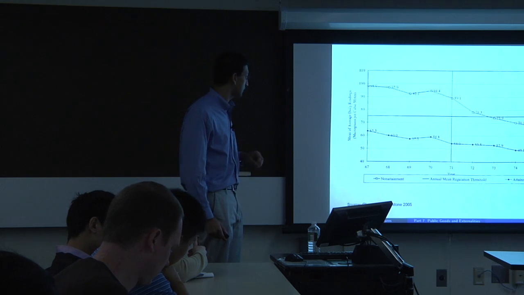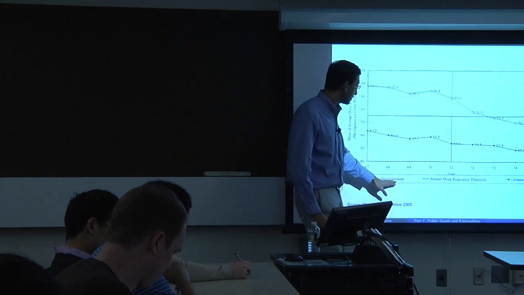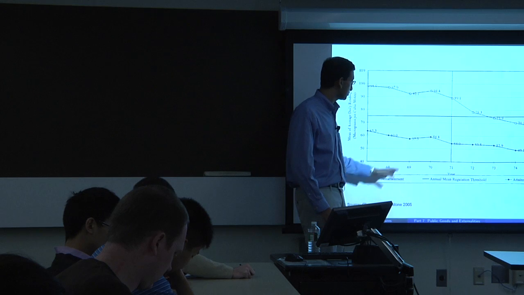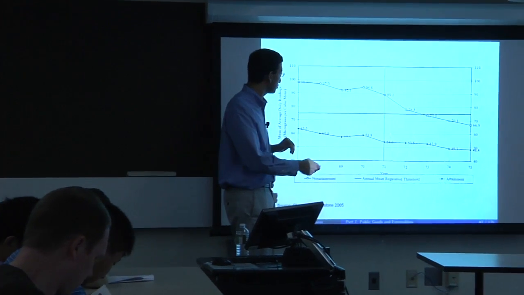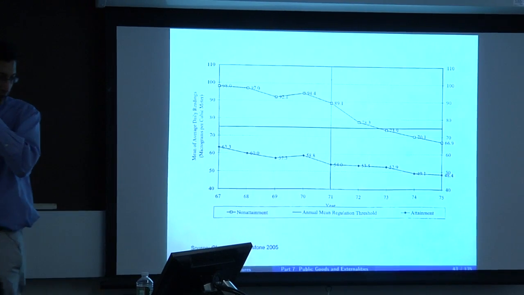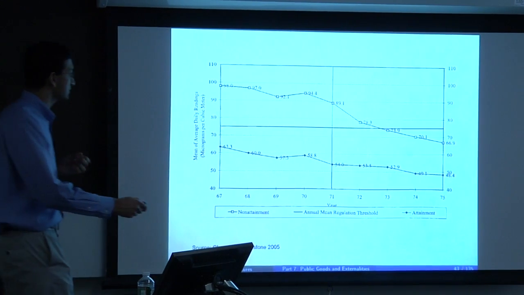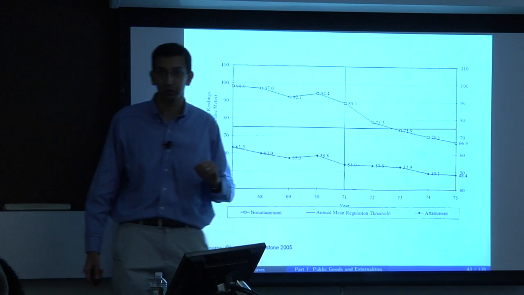And so here's the first stage graph. So they distinguish between non-attainment counties, which are places that before this law was implemented were above the threshold. The threshold is shown here by this solid line, and you had to come below that within a couple of years after the law was passed.